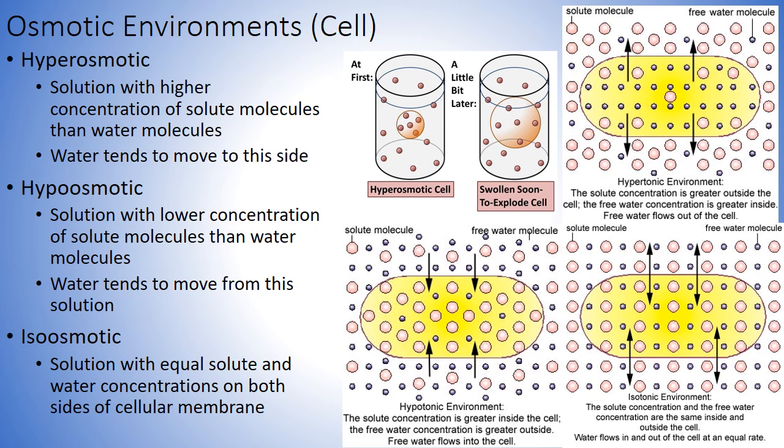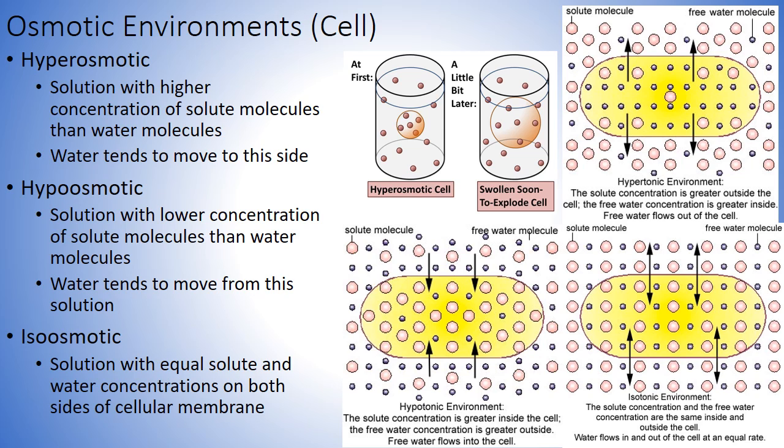Hypoosmotic, this is where we see a solution with a lower concentration of solute molecules than water molecules. Again, water will tend to move away from this side towards the hyperosmotic side. The molecules that will move towards the hypoosmotic side would be your dissolved solute.